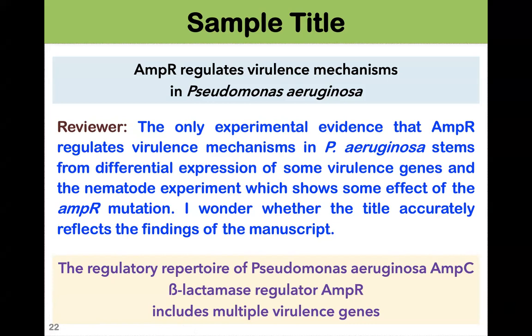So this was a reviewer comment. Fortunately, they didn't reject my paper. They just told me that I need to change my title. In the end, that title turned into a really long title: "The regulatory repertoire of Pseudomonas aeruginosa beta-lactamase regulator UmpIRE includes multiple virulence mechanisms." So it became an extremely long title. And Pseudomonas aeruginosa should be italicized.